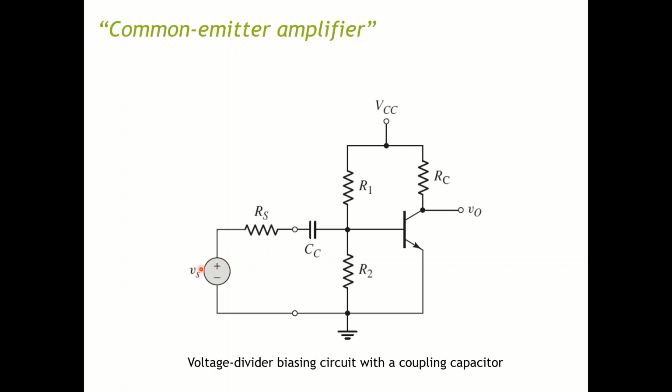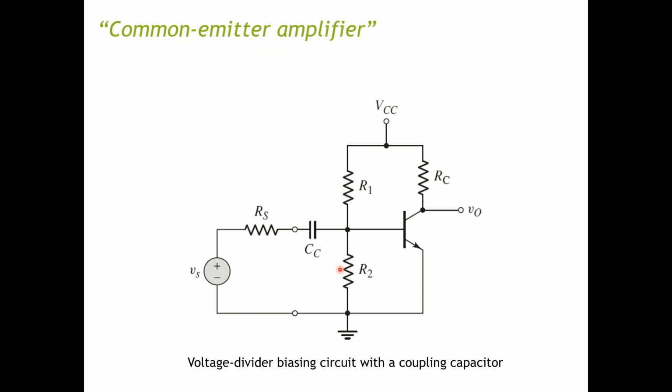So imagine if you replace VS with a DC source, then you know that from here to here it will be an open circuit. But if you replace VS with an AC signal, then now you can have this circuit acting as an amplifier.